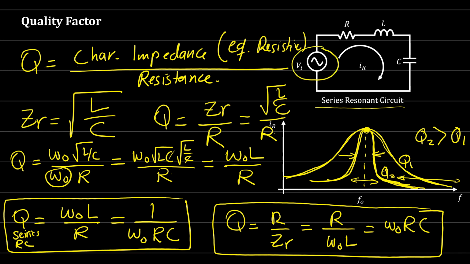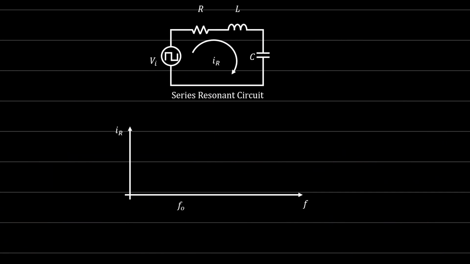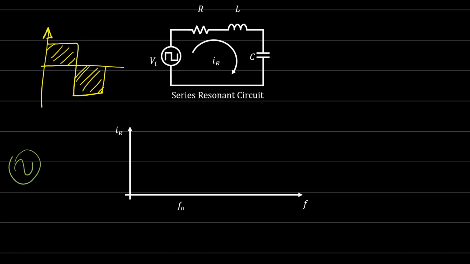Just imagine if the input source is not a sine wave. Let's say it's a square wave. What happens if the input voltage is a square wave like this? If we have a sine wave on the input, let's say it's a 50 hertz frequency. So the current versus frequency curve will be something like this.